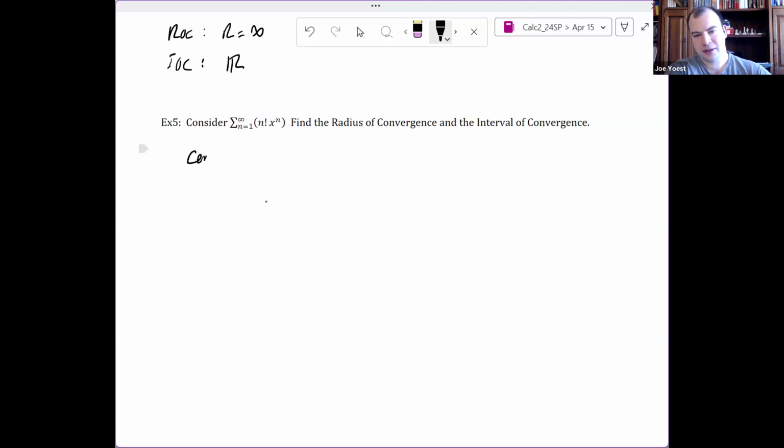Okay, so we see that we're centered at a equals 0. Let's note that. We'll call this an, n factorial x to the n, and we'll set up a ratio test.